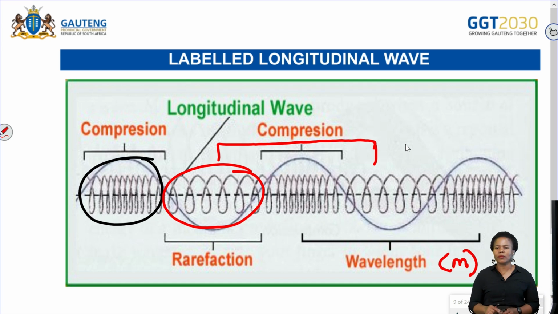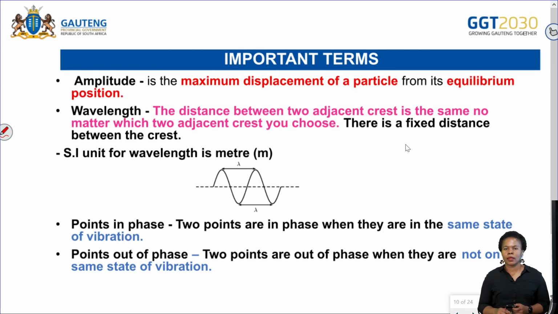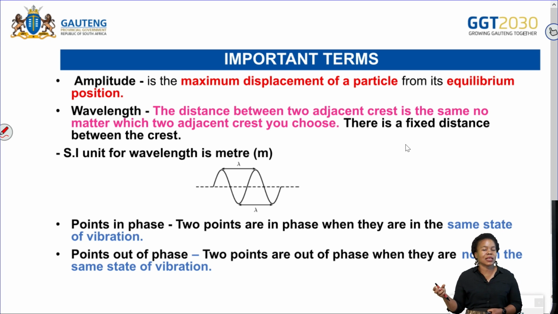So this is a detailed labeled longitudinal wave. There are many important terms, but we're going to run through them step by step so that you understand them even diagrammatically, so that by the time you have to identify them in a test or an exam, it is very easy for you.